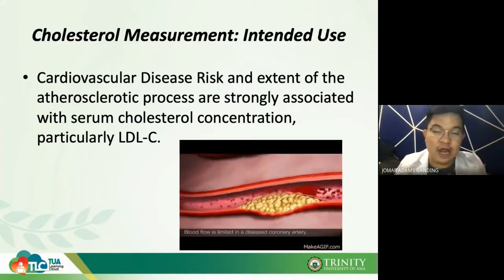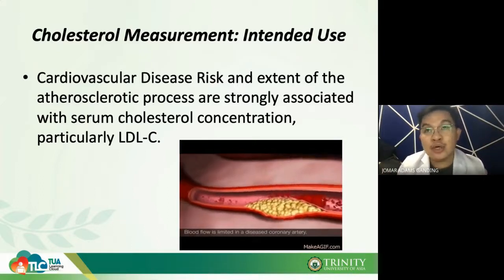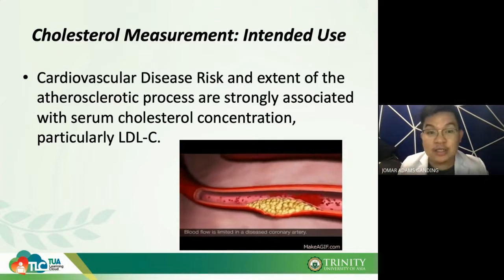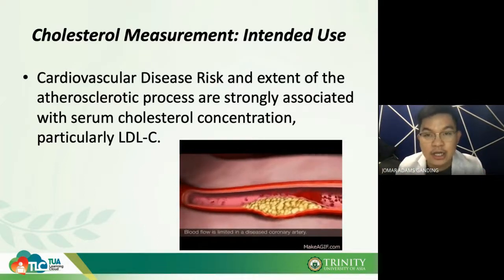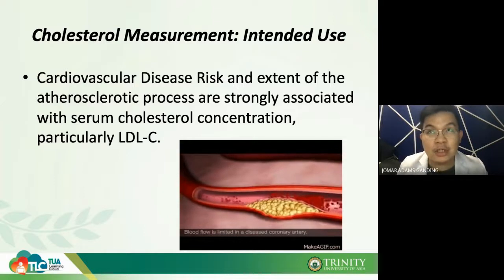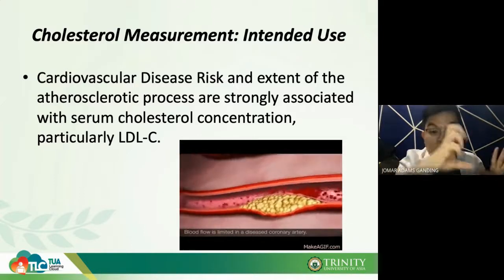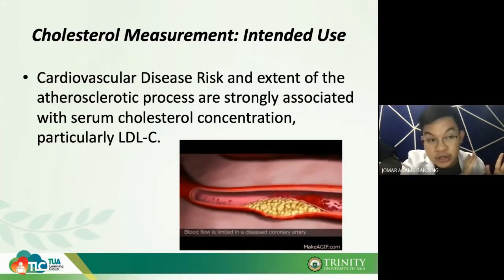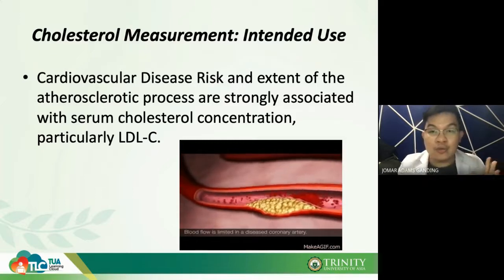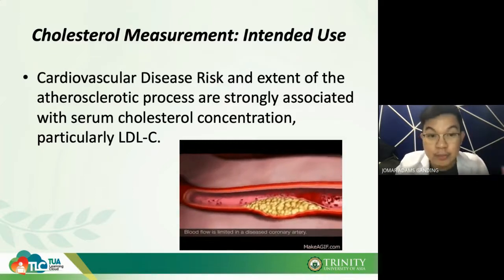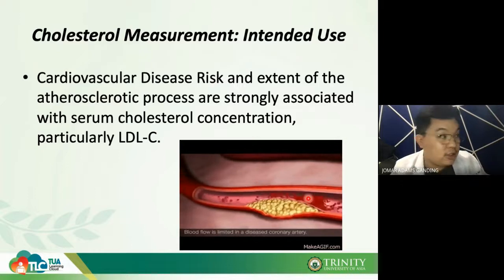In English, for our international students, since your HDL cholesterol will decrease in concentration, there will not be enough HDL to collect the excess cholesterol in your peripheral tissue. So cholesterol now will start to build up in your bloodstream, okay?